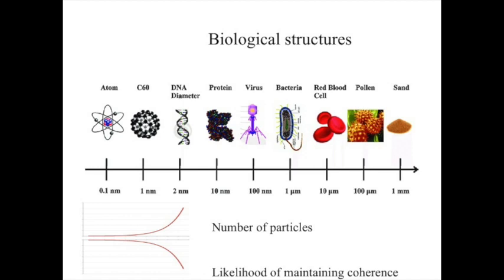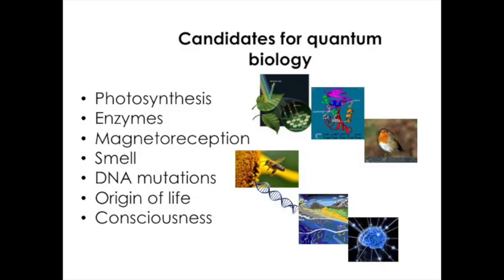And biologists continued studying biology without learning any quantum mechanics. But more recently, there is interest in quantum mechanics because quantum mechanical phenomena have been identified in a number of different areas of biology, and we'll look at just a few of them today.